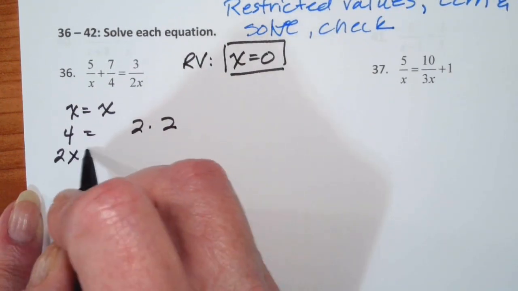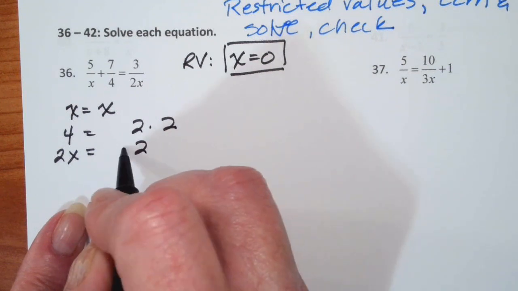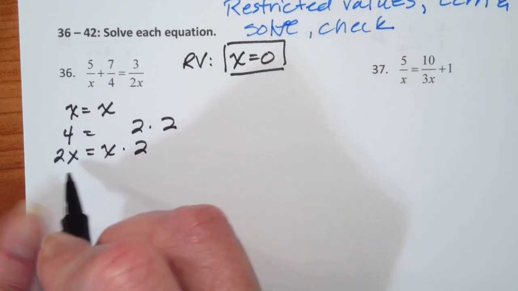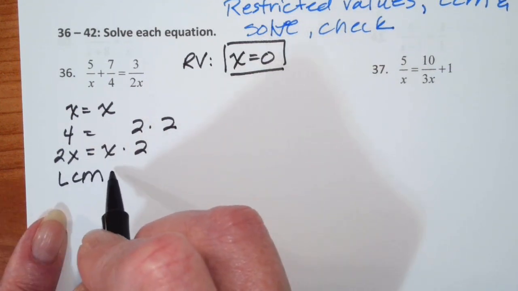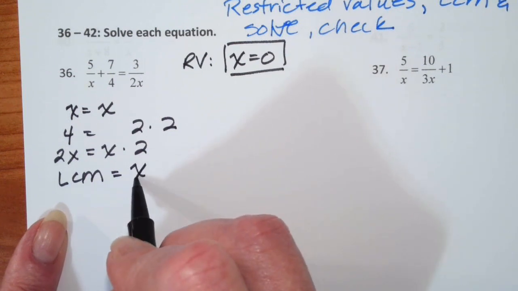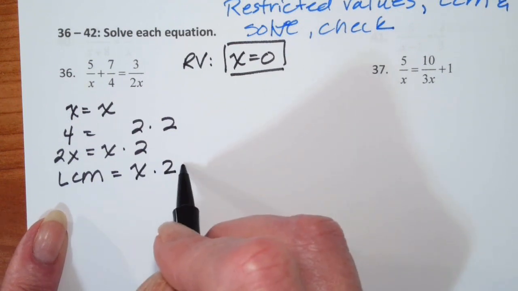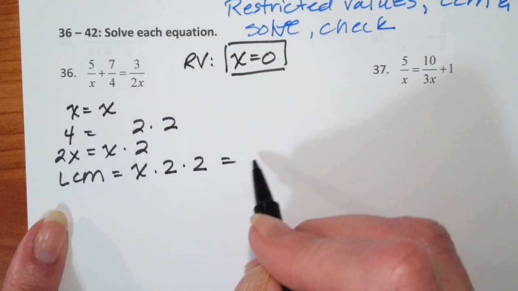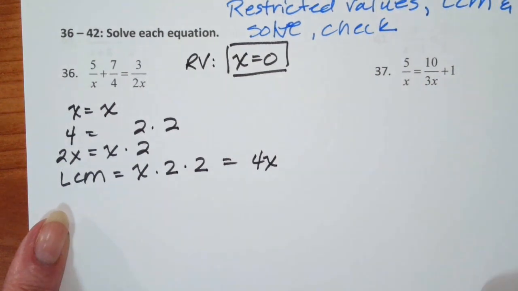And 2x is equal to 2 times x. So the least common multiple, or least common denominator, has to have a factor of x, a factor of 2, and a factor of 2, which gives us 4x.